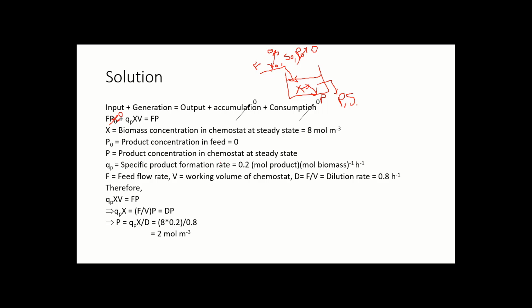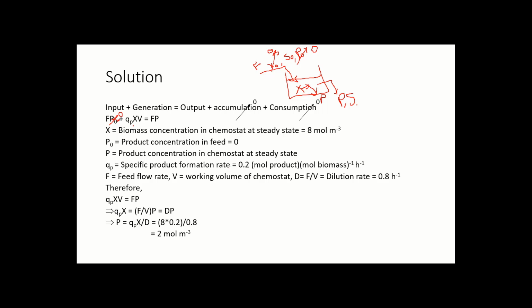It is the specific product formation rate. That means Qp is defined as the moles of product generated per unit mole of biomass. So this is the amount of product which will be generated by using 1 mole of biomass per hour, that is, the moles of product generated by 1 mole of biomass in 1 hour. This is your Qp.